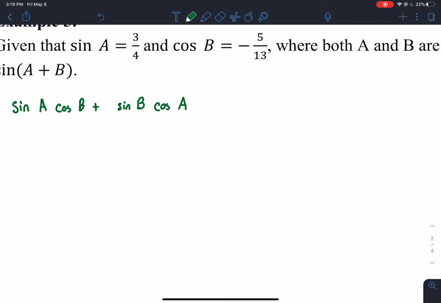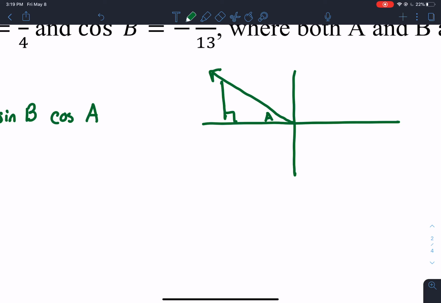So if you draw the first one, all right, so if we're going to say this is A, right? We say that this is 3, and then this is going to be 4, okay?